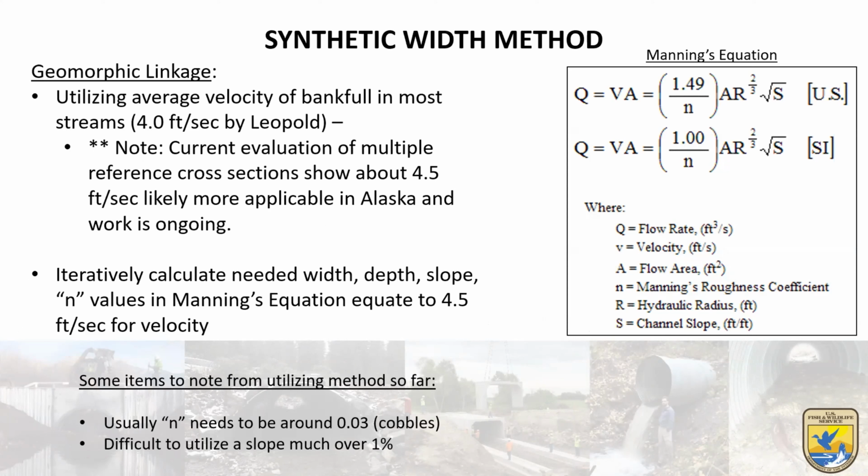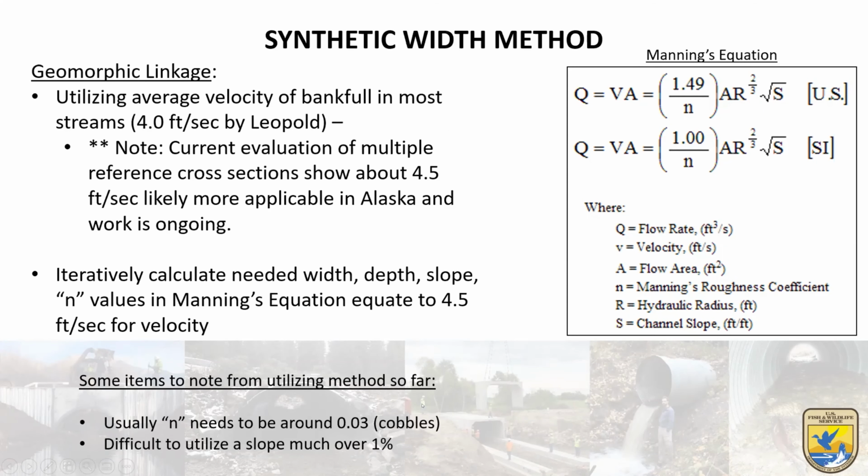So this is a work in progress. What we do is base things on a bankfull velocity, an average generic velocity, and put it in Manning's equation. So we put velocity here, we divide the A out, and we try to solve iteratively for all of these things, with one of the variables being the hydraulic radius R. And we try to find out what that width would be.